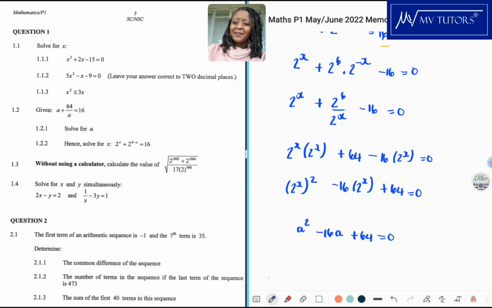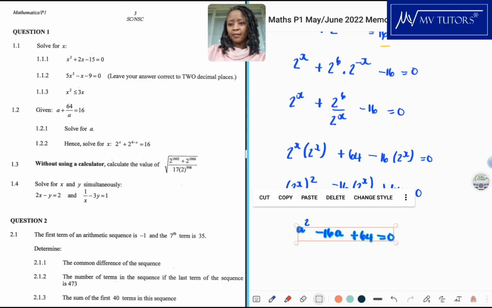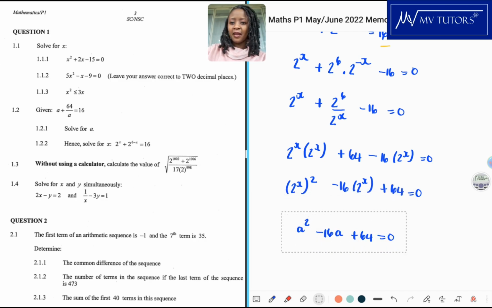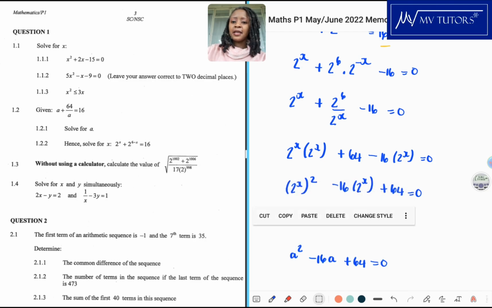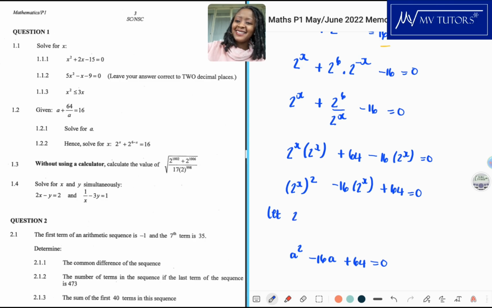So basically, let me just shift this a bit downwards. If I were to say, let 2 to the power x be a, then I have this sum over here.